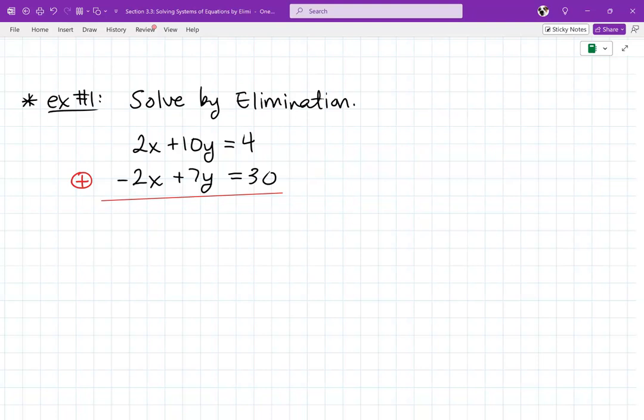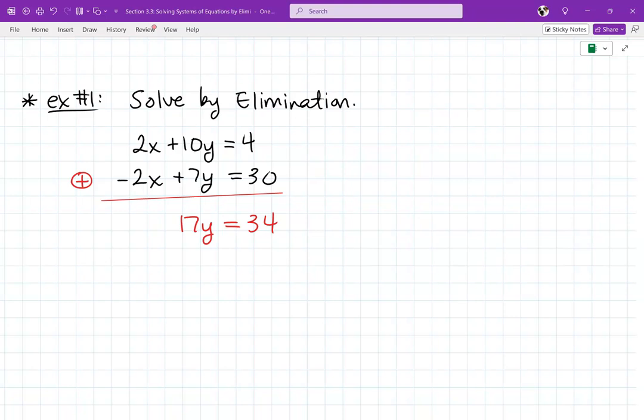So notice I just eliminated the x. What's 10y plus 7y? All right. And then 4 plus 30? Well, that's 34. So the very first step says to add or subtract so that you can eliminate. I eliminated the x. Okay, so that's good.